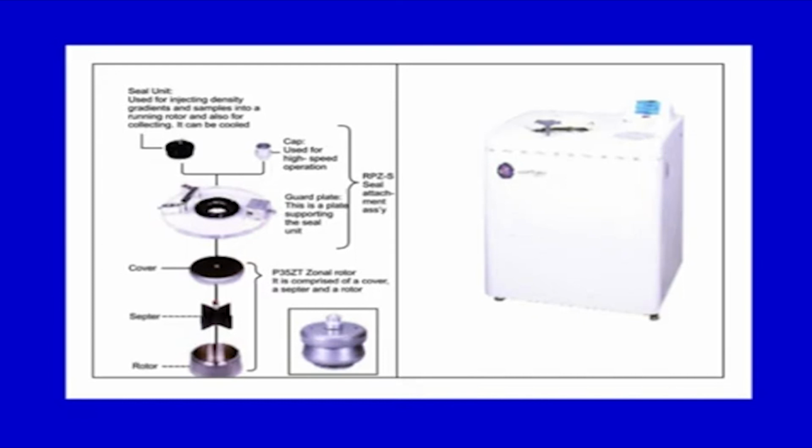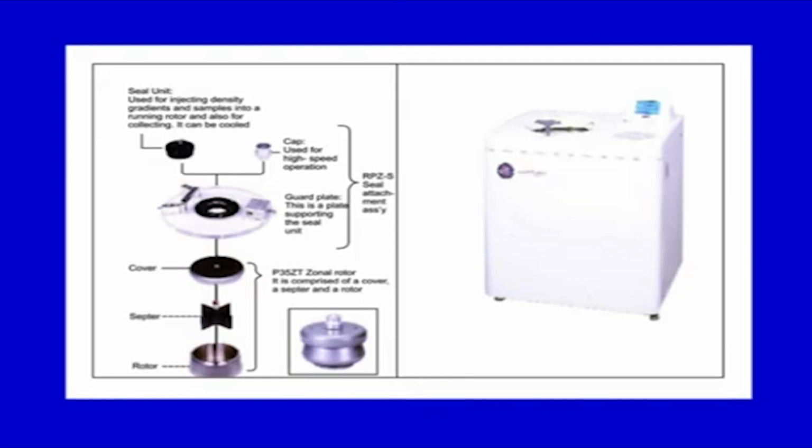So, in zonal centrifugation density gradients are produced within the zonal rotor running at low speed. Next, the sample to be separated is injected through the center, as we will see in detail. Then the zonal rotor is run at high speed, and the separation will take place here.